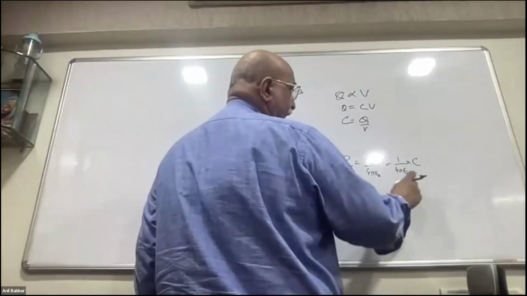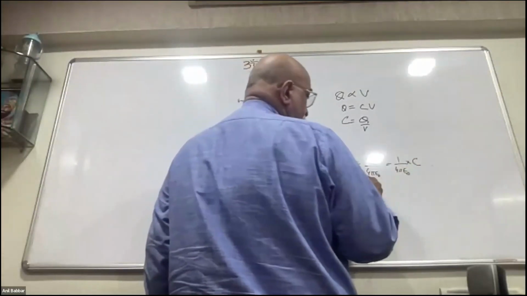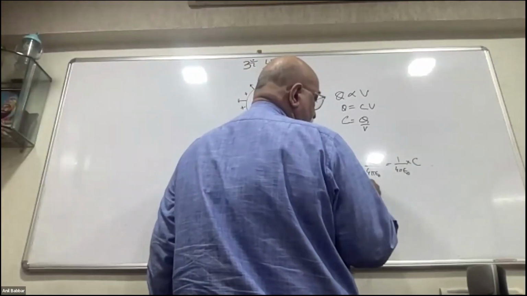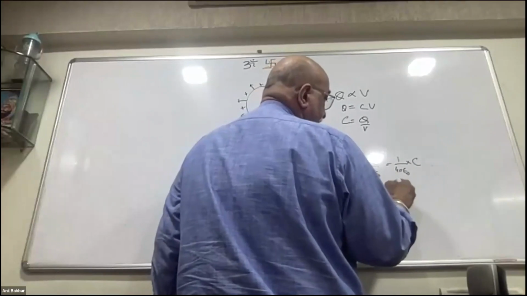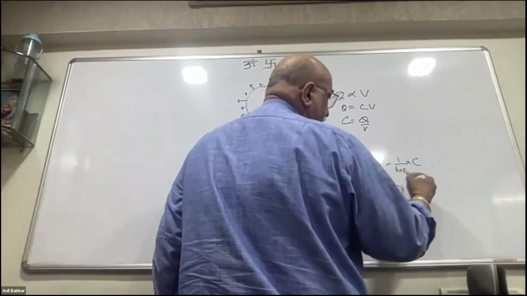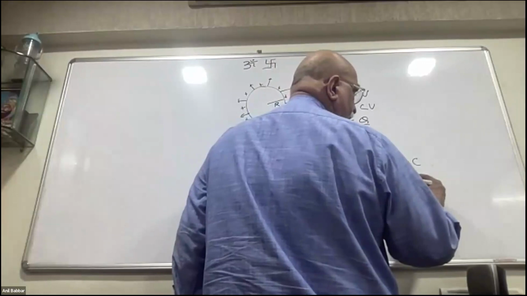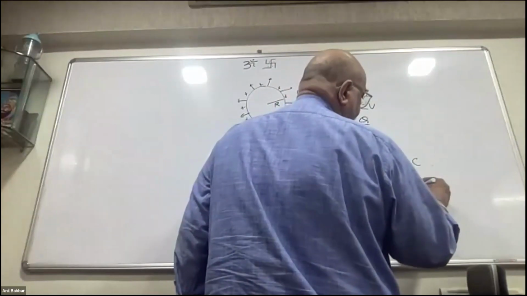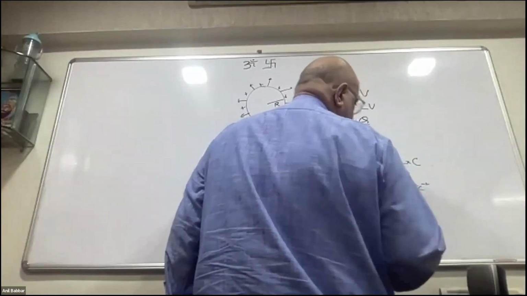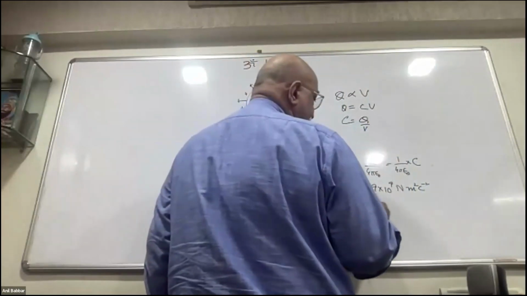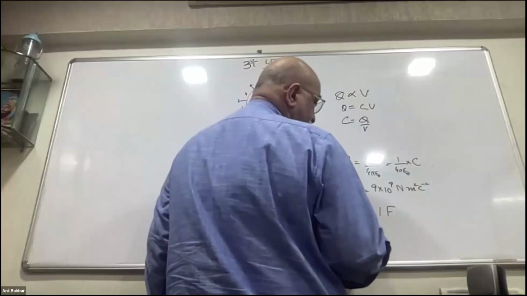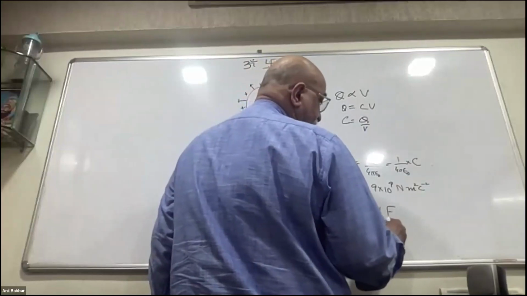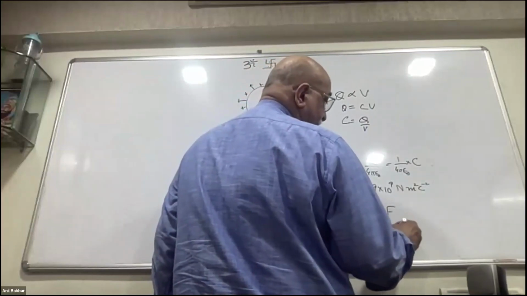So this 1 by 4 pi epsilon naught is what? 9 into 10 to the power 9 Newton meter square per coulomb square. Right? And C we want, say, 1 farad. So R will be equal to 9 into 10 raised to power 9 meter.